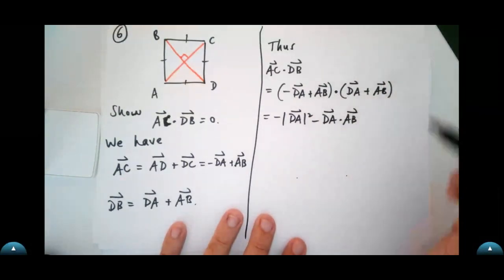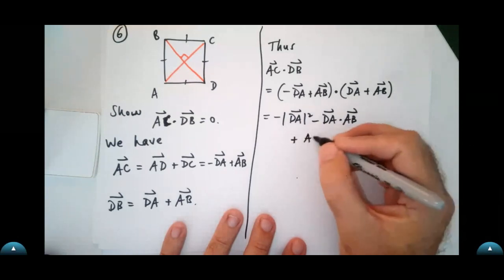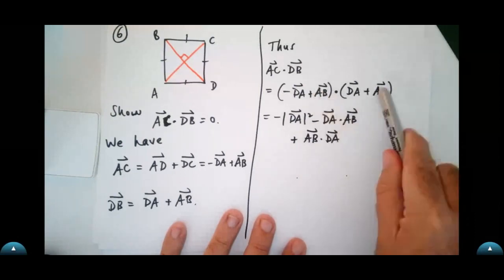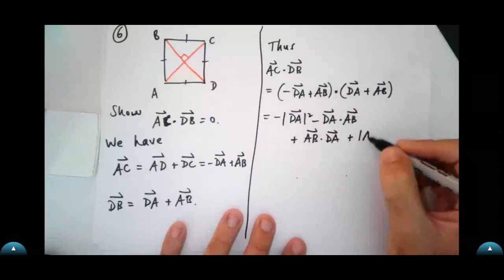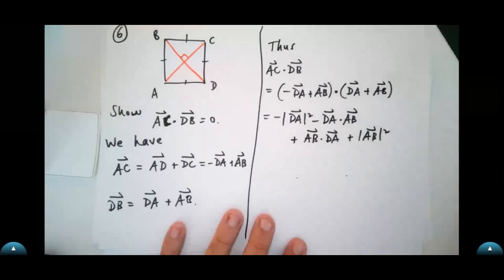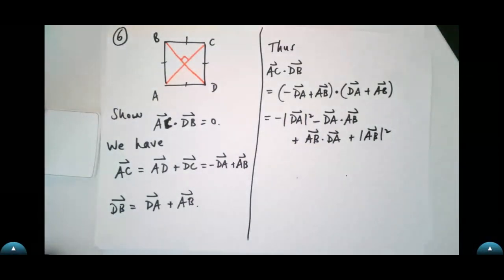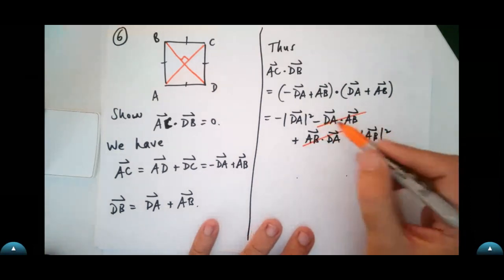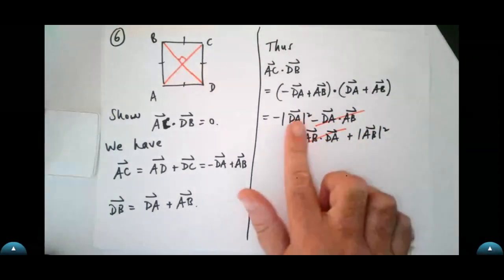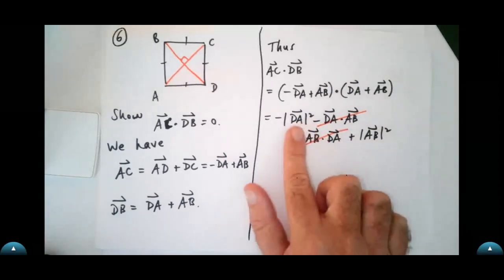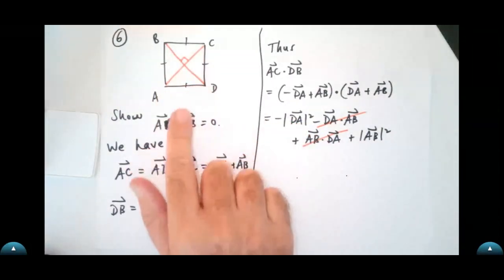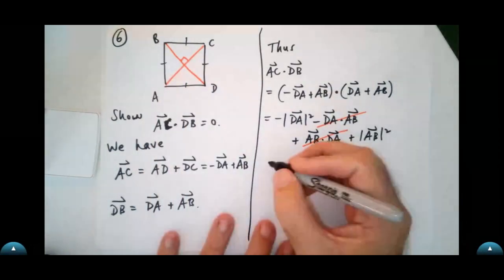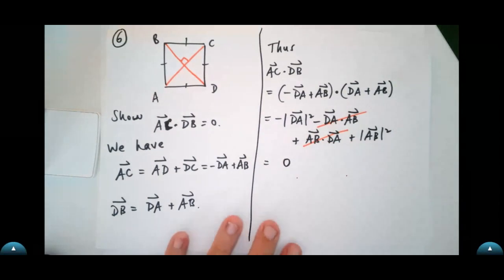So that dotted with that is the square of the length. Now hopefully you can see this cancels with this because the order doesn't matter with the dot product. And the length of DA is the same as the length of AB because it's a square, right? So we get 0.